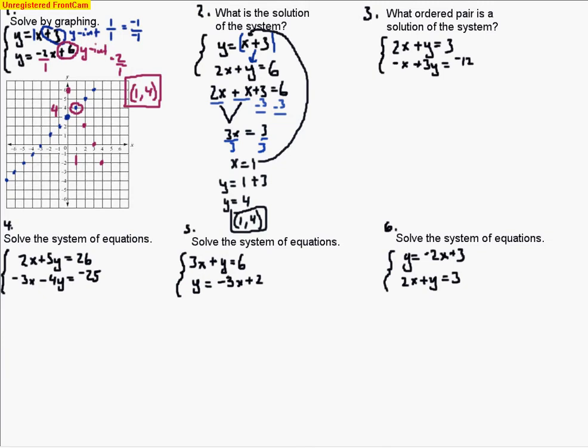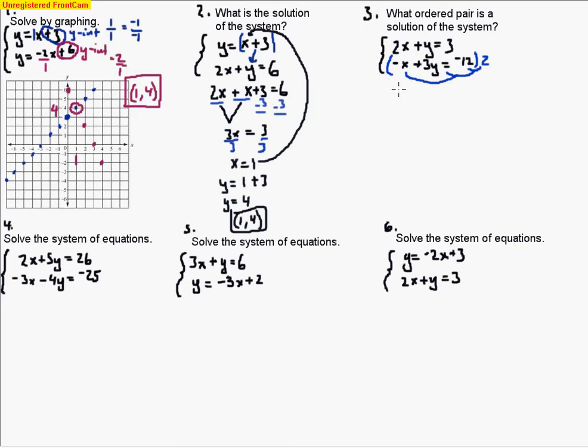Well, this is a great elimination problem for number 3. And it's a good elimination one because x's, y's, equal signs, constants, all in line. But I can't add them together the way they're at. I need to multiply one of the equations by some number. I'm going to choose to cancel out the x term first. And so I'm going to multiply every number on that bottom equation by 2.